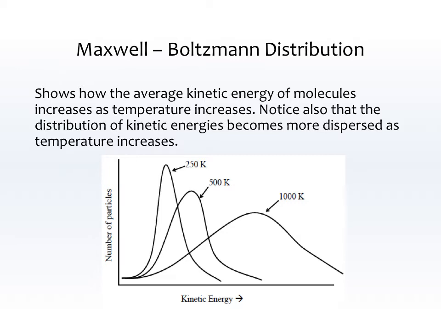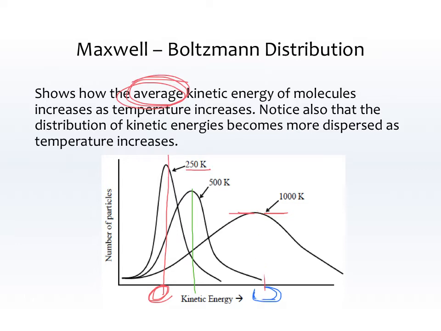So if you have something at a relatively low temperature, in this case 250 K, the average kinetic energy of all the molecules is much lower than if you had something at 500 K, or at 1000 K. So the average kinetic energy is the highest up here at 1000 K, and the lowest down here at 250 K. But notice that the distribution of energies becomes more dispersed, so fewer particles have this particular energy at the higher temperature. The particles are more dispersed. That's why we're talking about the average kinetic energy rather than the absolute kinetic energy.